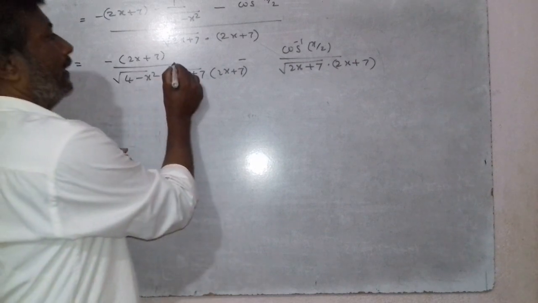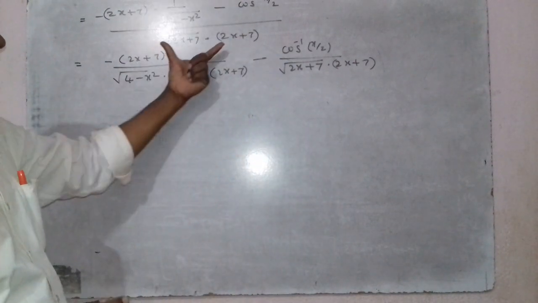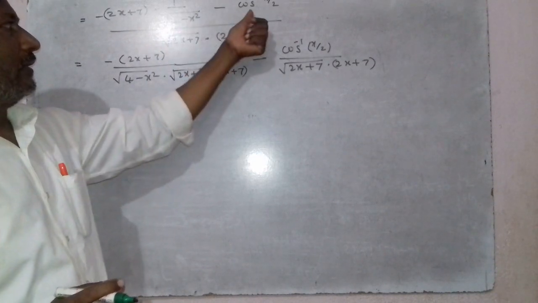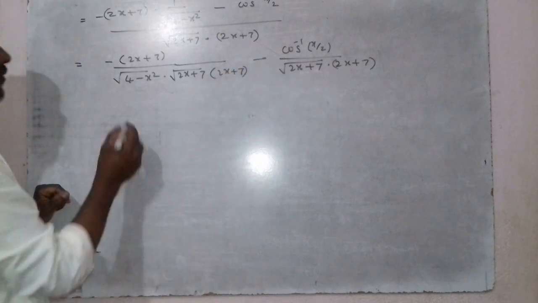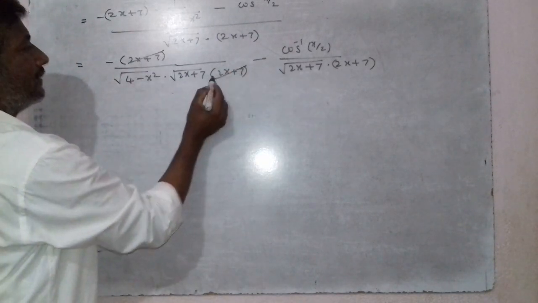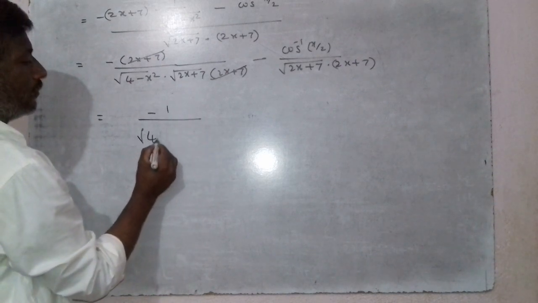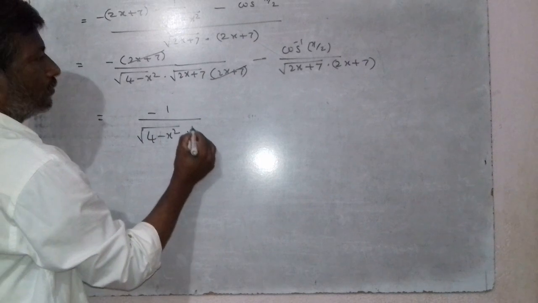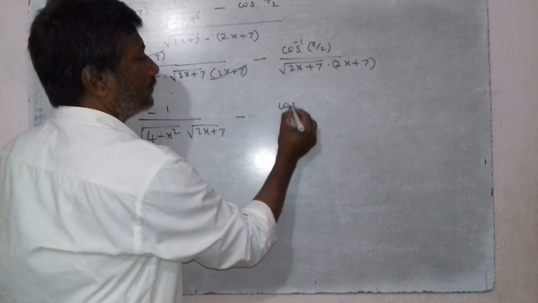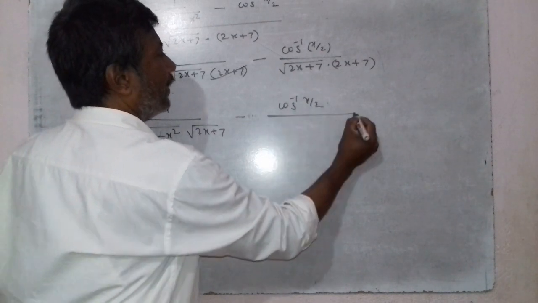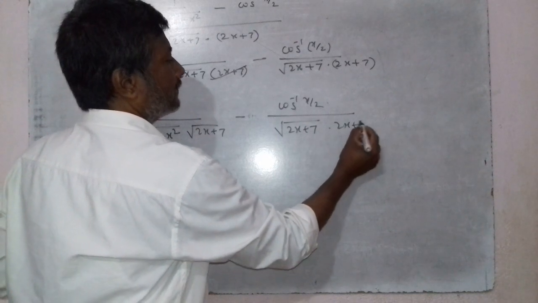Here I have separated the expressions. So this multiplied by this one, here it is 1, therefore this denominator goes here. So 2x plus 7 gets cancelled here. So therefore minus 1 upon root of 4 minus x square root 2x plus 7 minus cos inverse x by 2, divided by root of 2x plus 7 into 2x plus 7.